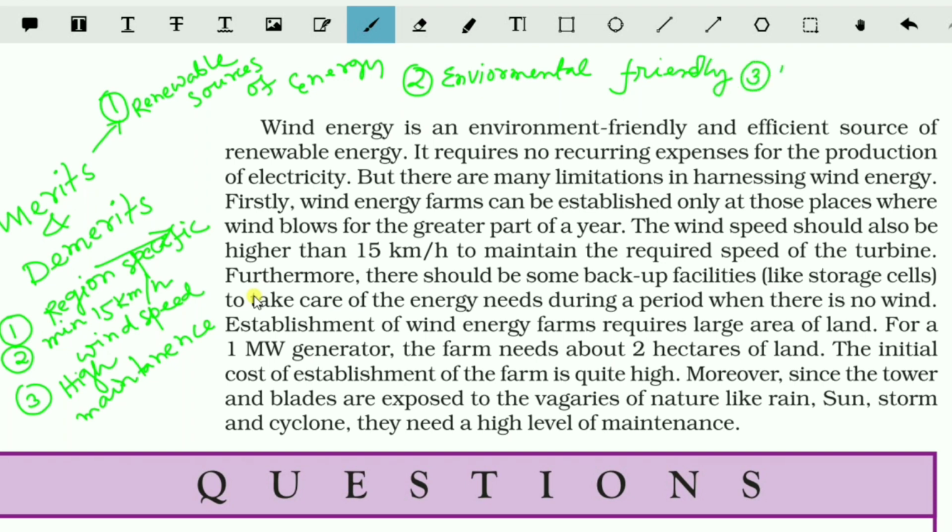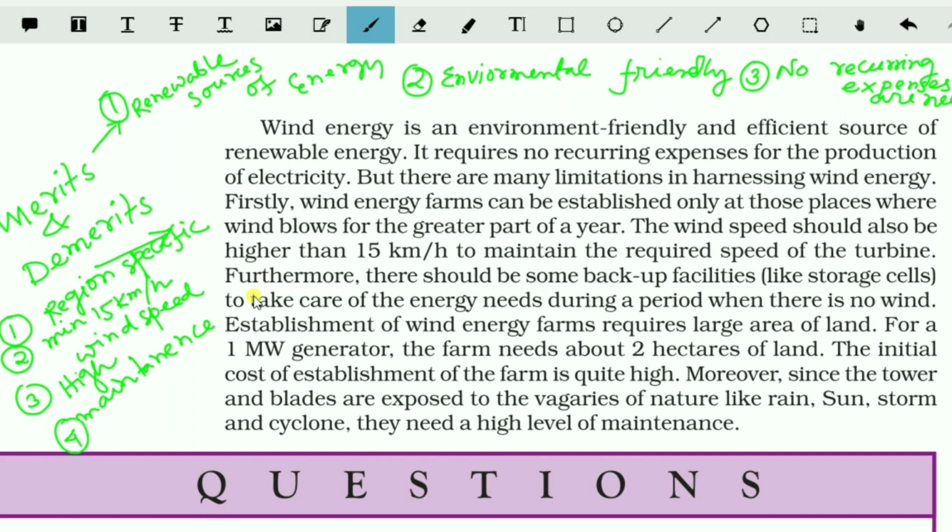And number 3, no recurring expenses are needed. And number 4, it will be the demerits, high installation cost.